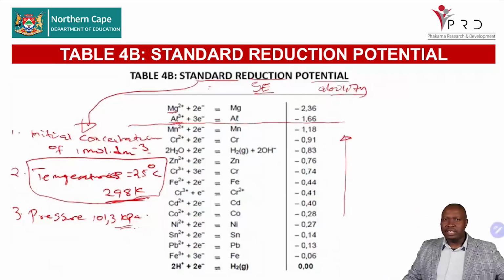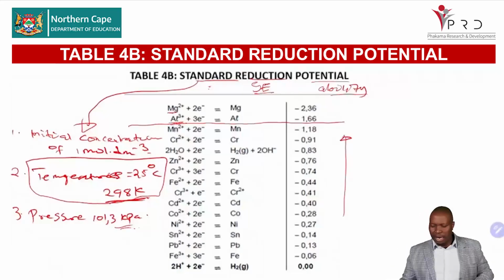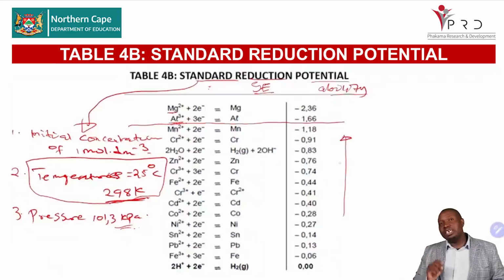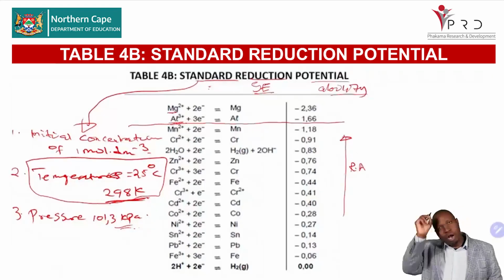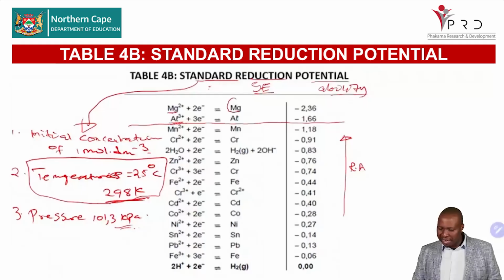And then this is the table that you need when you are dealing with question 8 and question 9. If you look, there will be an arrow that is facing upward there. It's saying increasing reducing ability. So when you look for the reducing agent, look up on the right, and up on the right, I find the strongest reducing agent as magnesium compared to aluminium.